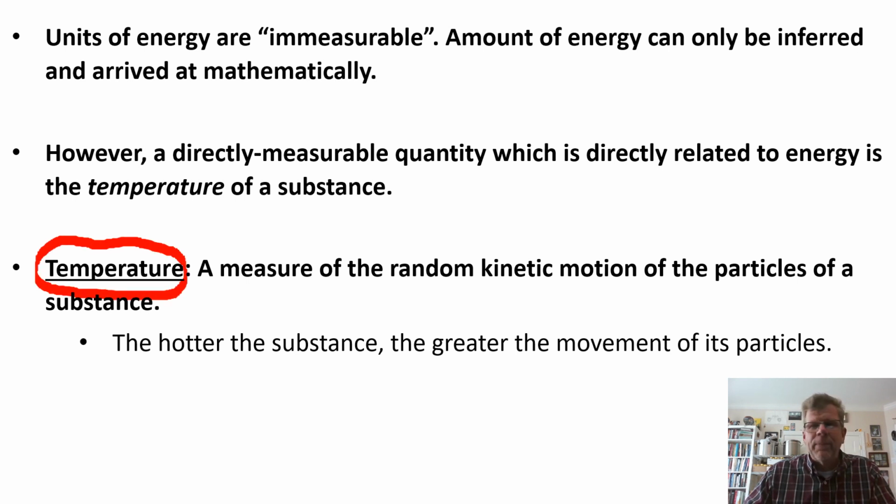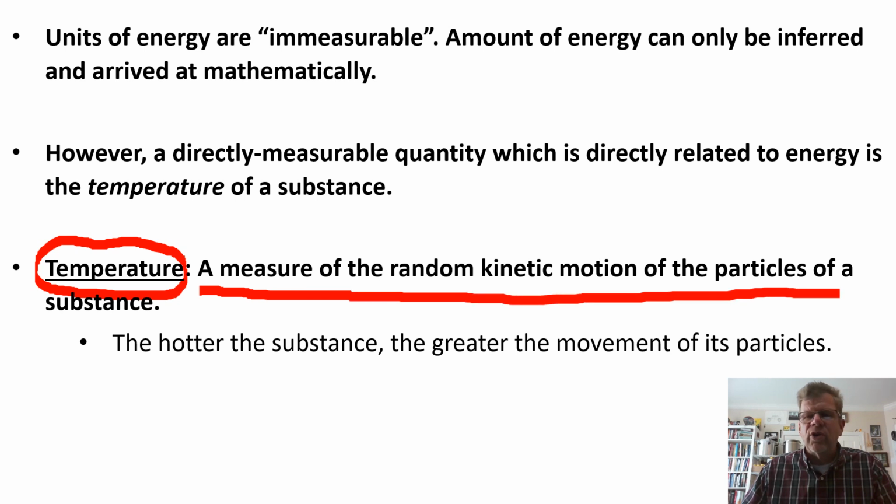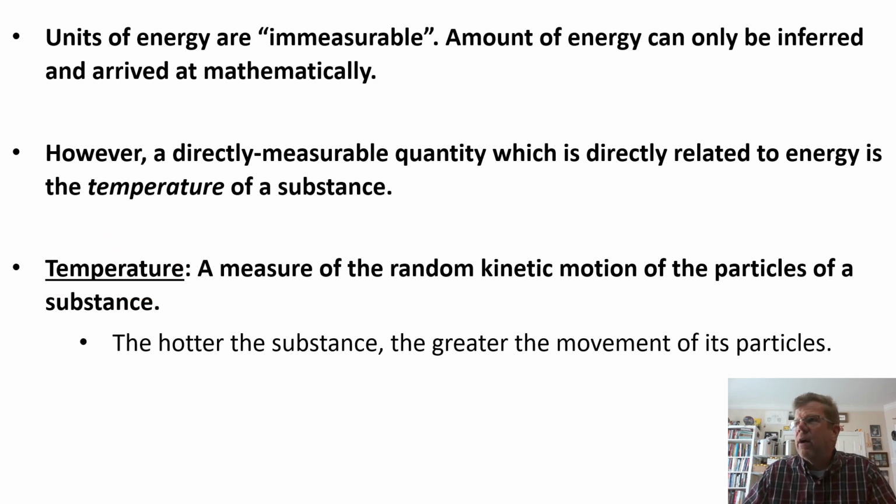Now, this temperature, we're sort of used to looking outside at the thermometer and saying, okay, it's this warm out or it's this cold out or whatever. Typically, looking at this from a physical standpoint, temperature by definition is the measure of the random kinetic motion of particles in a sample. Remember, getting back to our particulate view of matter, all particles of matter have movement.